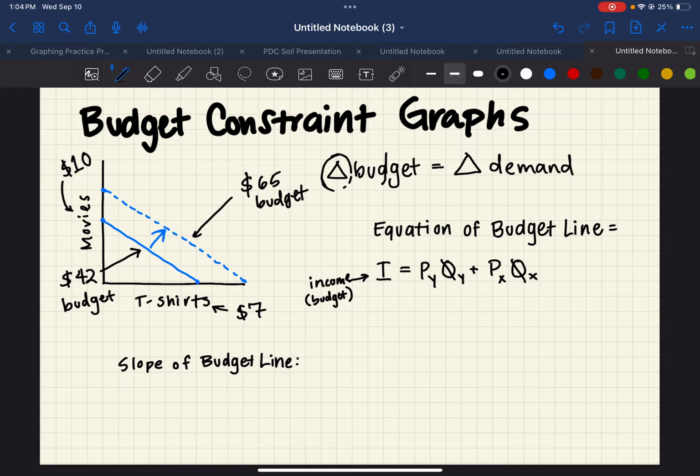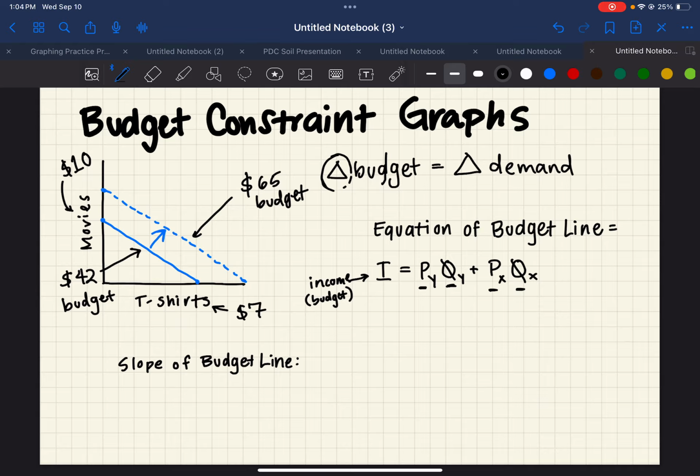If we multiply how many movies we see by how much they cost each, and we add that to how many t-shirts we buy times the cost of each t-shirt, we add those two things together, and that's going to equal how much we can spend in total.